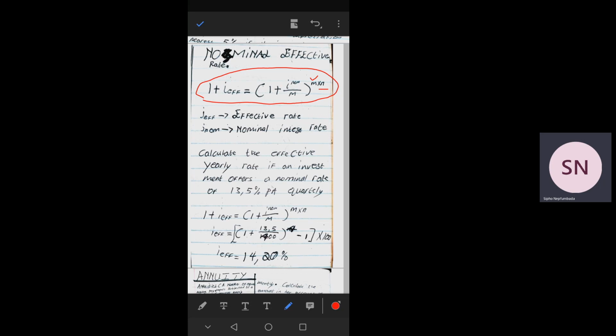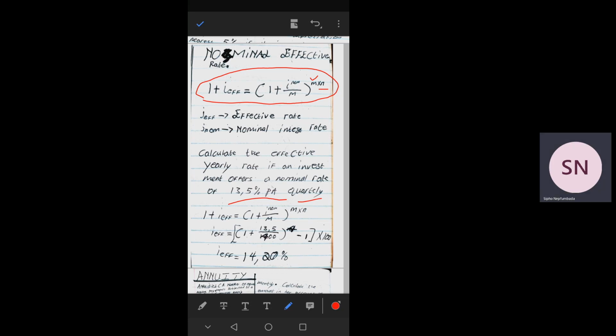For example, calculate the effective yearly rate if an investment offers a nominal rate of 13% per annum compounded quarterly. The quarterly is the compound period.